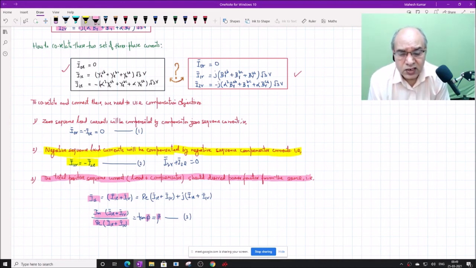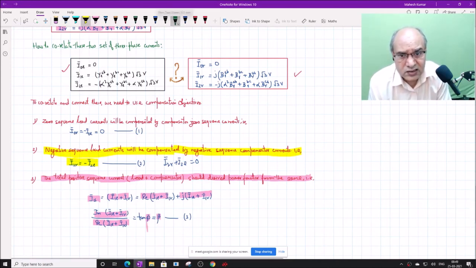Alright, so it will have the real part of this, imaginary part of this, and therefore it will form the overall power factor. That power factor is decided by the ratio of the imaginary of I1L plus I1 gamma divided by real of I1L plus I1 gamma, and we will decide that power factor, suppose we want unity power factor.